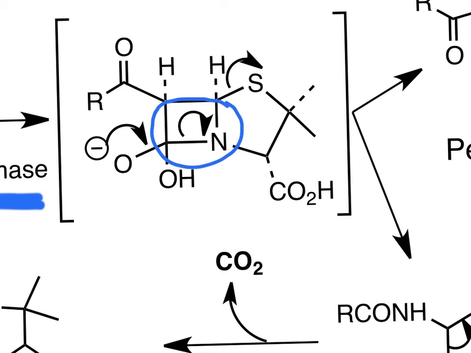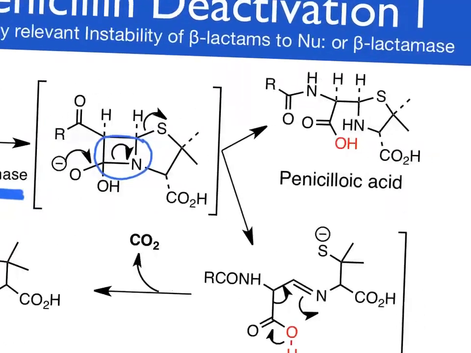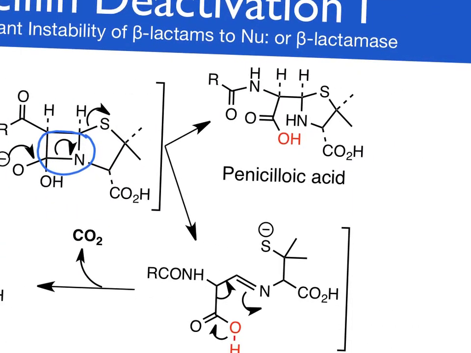It collapses, basically, and opens up. Once it opens up, it forms penicillic acid. This is very important. Simply, you have the original structure, you have a carboxylic acid and you have this amine group. Just a simple ring opening.